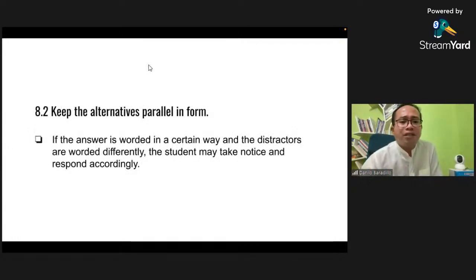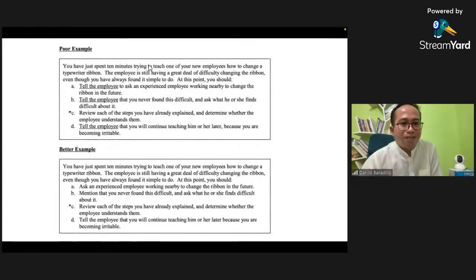Okay, 8.2, keep the alternatives parallel in form. So if the answer is worded in a certain way and the distractors are worded differently, the student may take notice and respond accordingly. For example, you have just spent 10 minutes trying to teach one of your new employees how to change a typewriter ribbon.